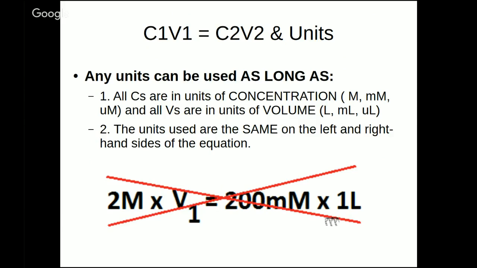If I leave it like this and solve this equation, my decimal point is going to be in the wrong place, and I'm going to use too much or too little solution. So what I'm going to have to do here is either convert this millimolar to molar or convert the molar to millimolar so that they are in the same unit on both sides of the equation.